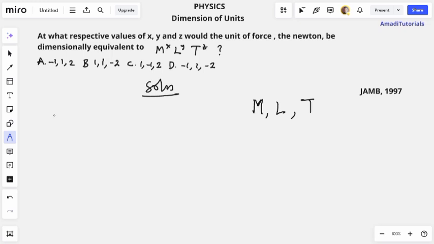So now, when we write force, the unit for force is Newton. And then the mathematical definition of force is what? Mass times acceleration.